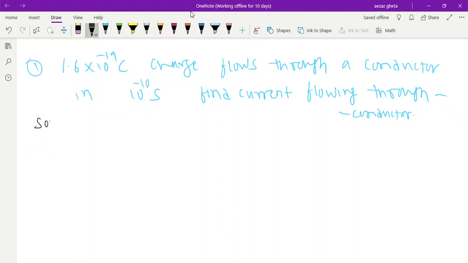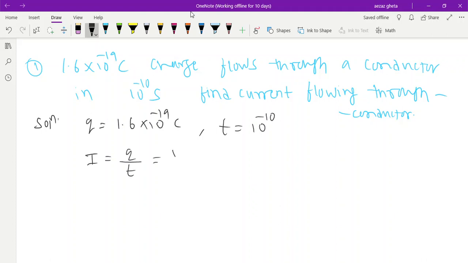So you can try. See here, Q is equal to 1.6 into 10 raised to minus 19 coulomb flowing through a conductor. Time is given as 10 raised to minus 10 second. Find the current. I know the formula, I is equal to Q by T. So Q is 1.6 into 10 raised to minus 19 divided by 10 to the power of minus 10.